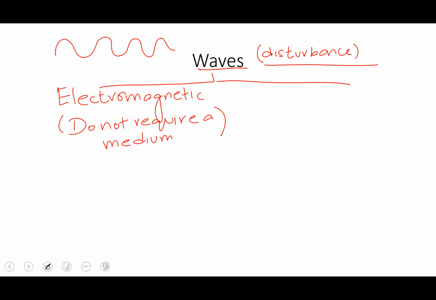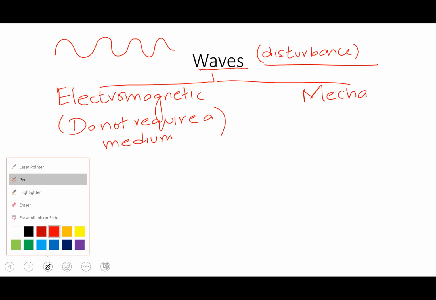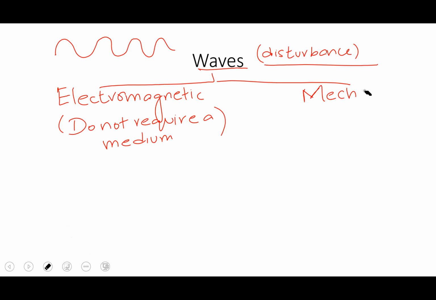Whereas mechanical waves are the second type of wave, which require a medium to travel from one place to another.